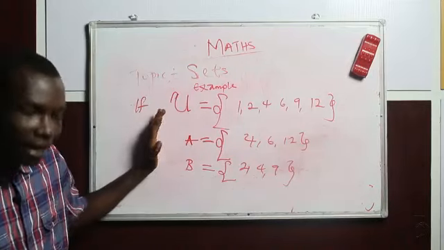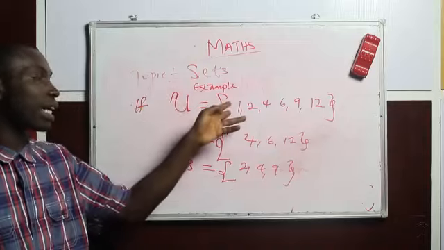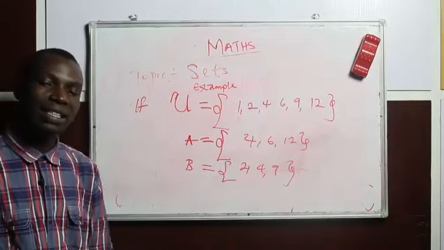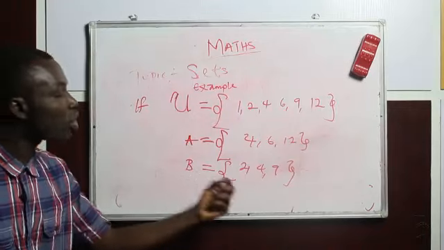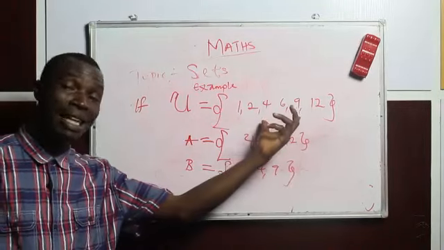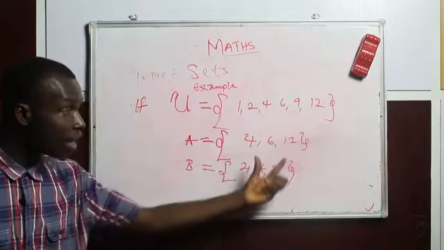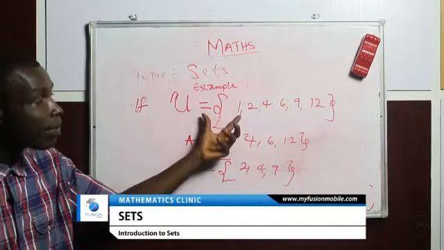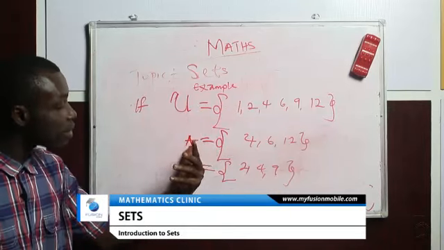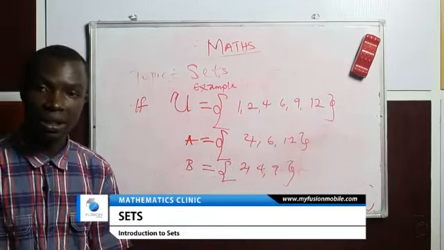This A is a subset of the universal set, U. B also is a subset because we can find the elements of B in the universal set. We can also find the elements of A in the universal set. So the universal set is a mother, and these subsets are called the children.